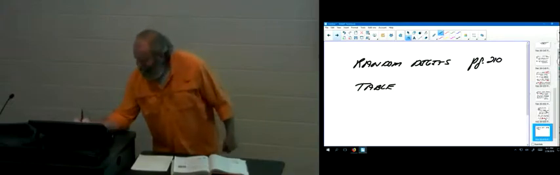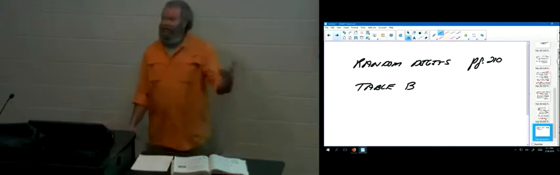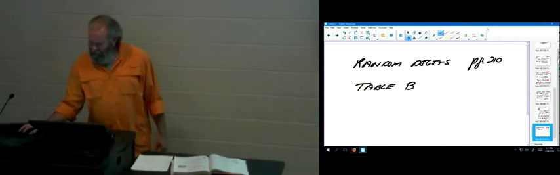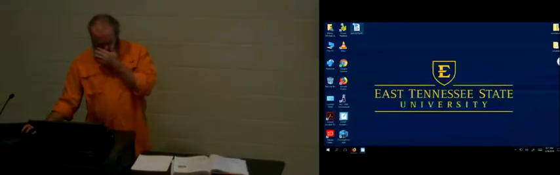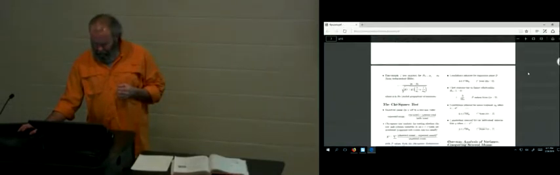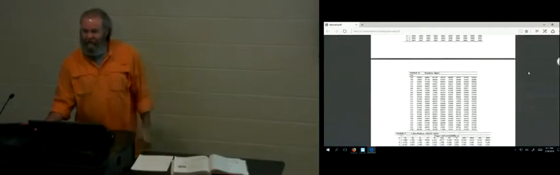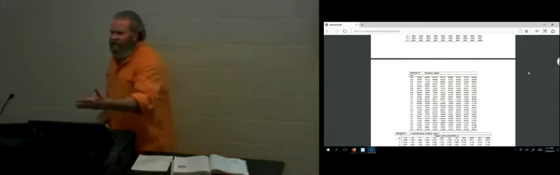Table A. Turns out there's a Table B. That table is off your formula sheet. You've got a table in the back of the book. Table B is right after Table A. I don't know the page number, but Table B comes after Table A, right?